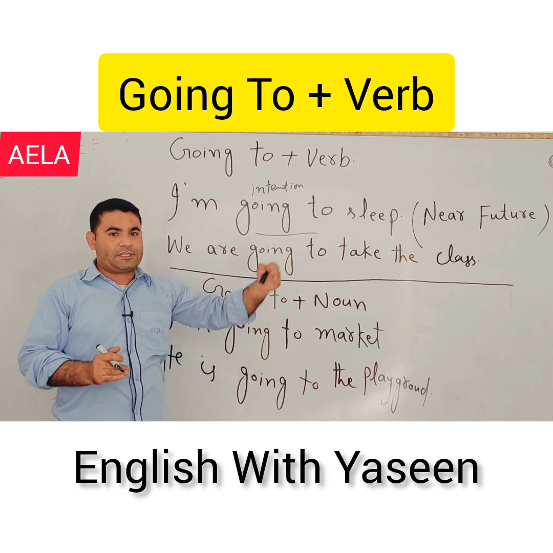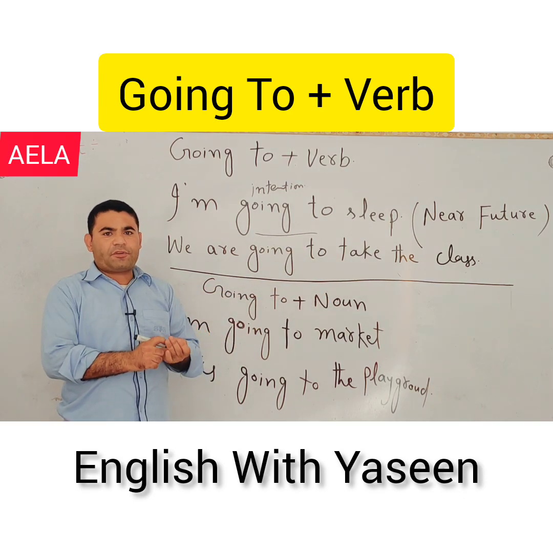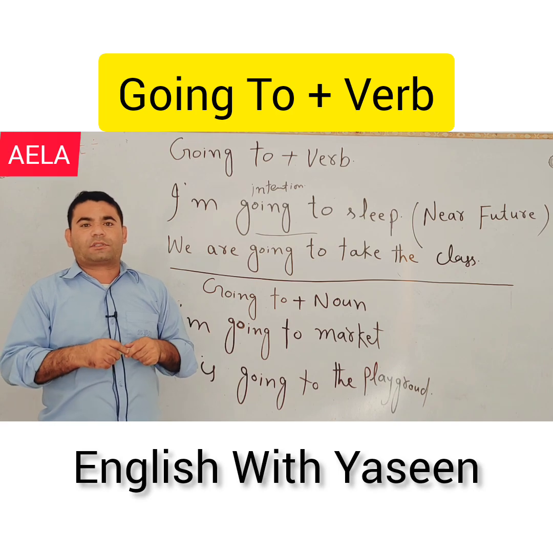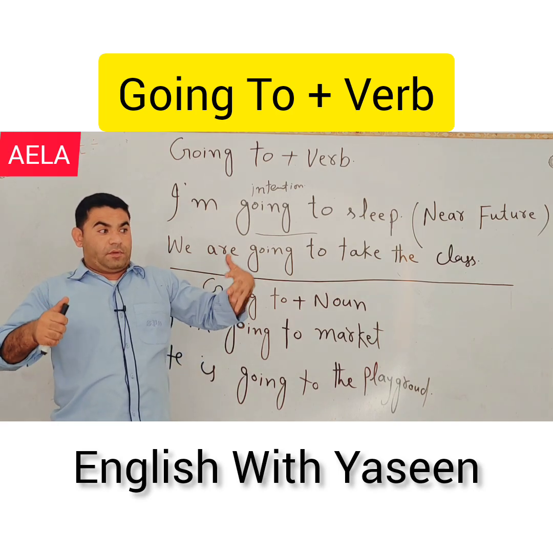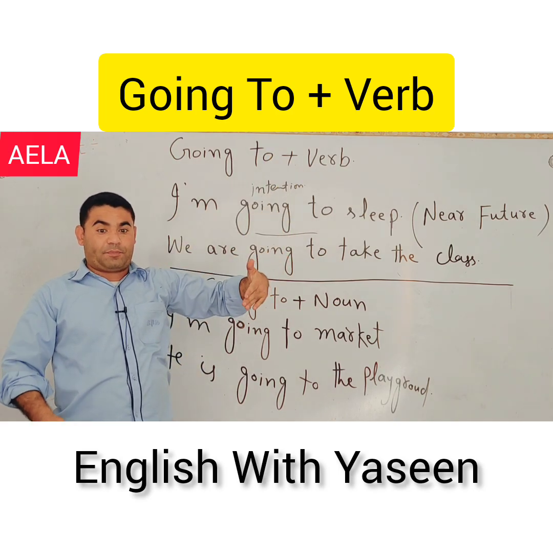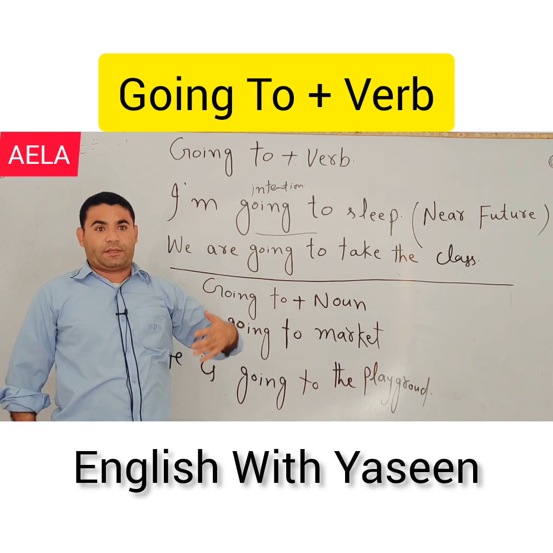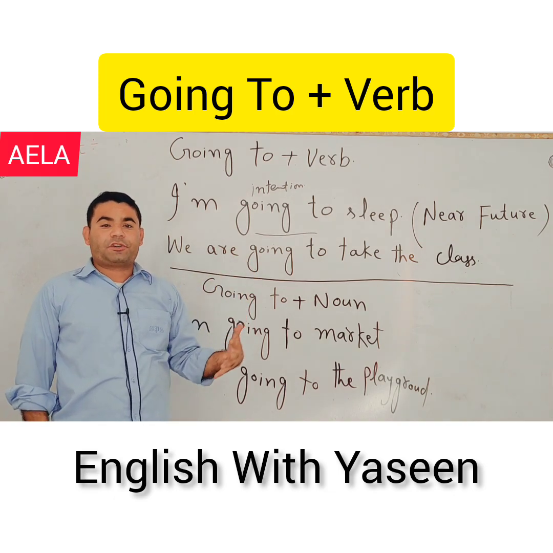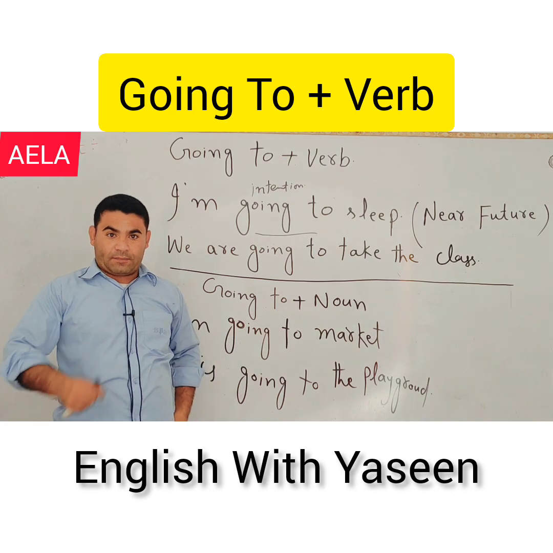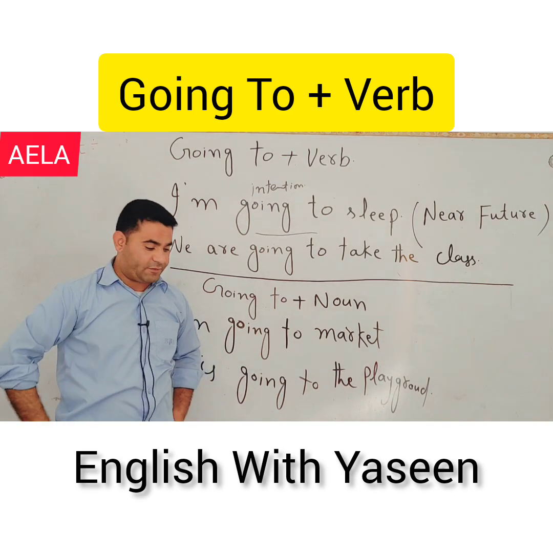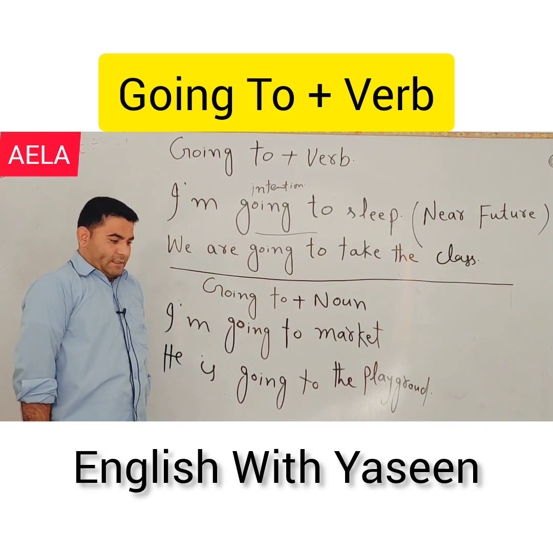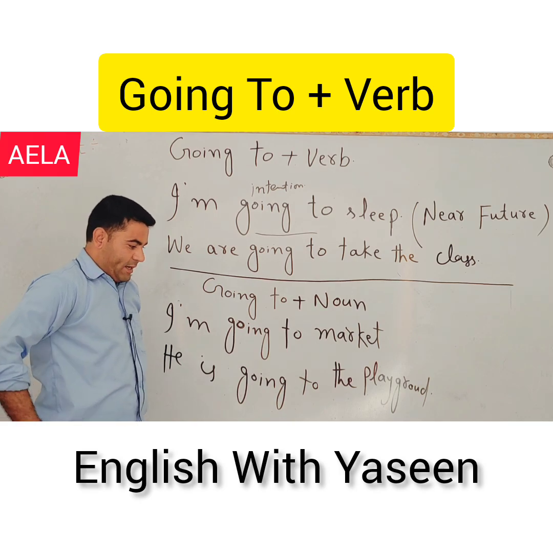this tense indicates near future. Near future means that I'm not talking about something that is very late. For example, I'm not talking about something that will start 2 years later, 1 month later. No, I'm talking about near future. Near future means, for example, someone is standing like this, okay?